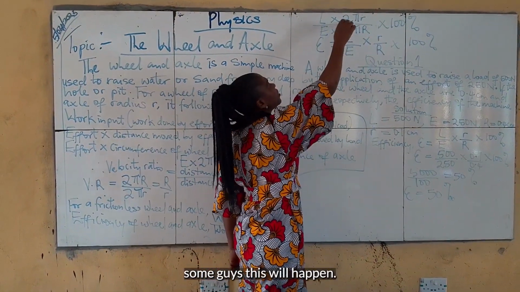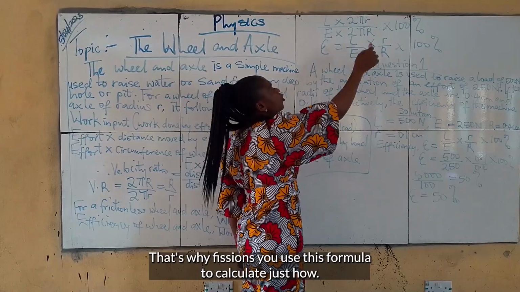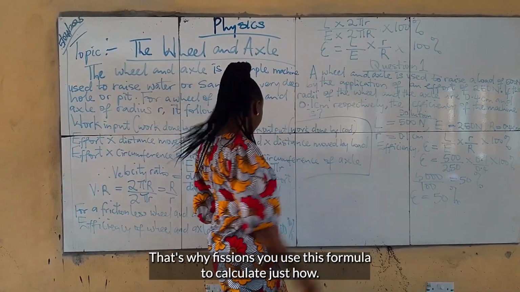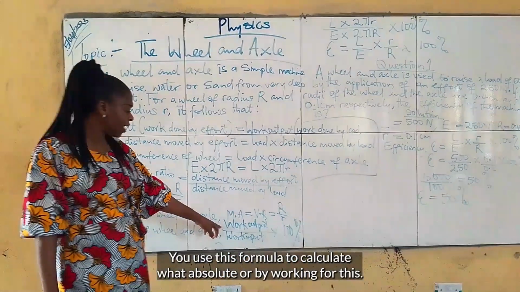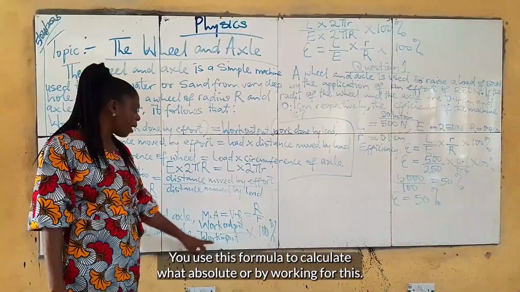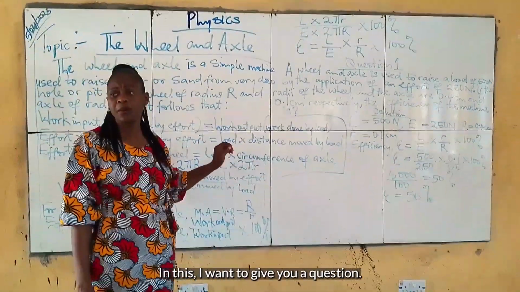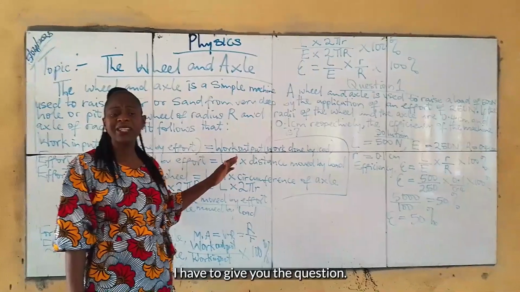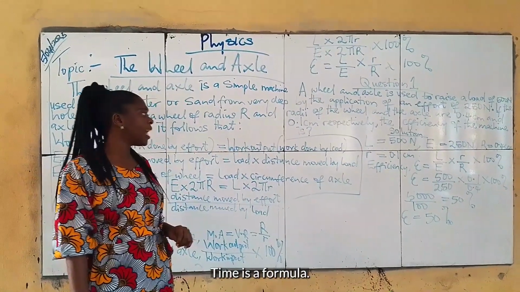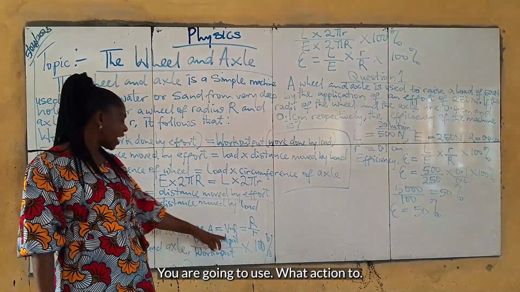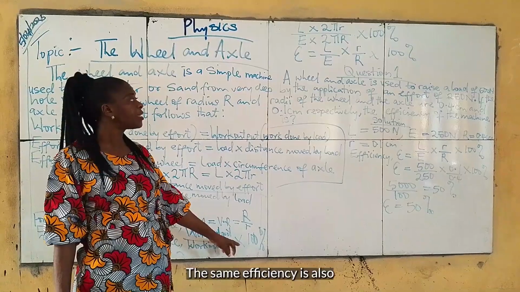That means you cannot use this to calculate for efficiency. You use this formula to calculate for efficiency, or you use this formula to calculate for efficiency. Work output over work input times 100%, based on what you are given in the question. The parameters you are given in the question determine the formula you are going to use. Work output over work input times 100%.